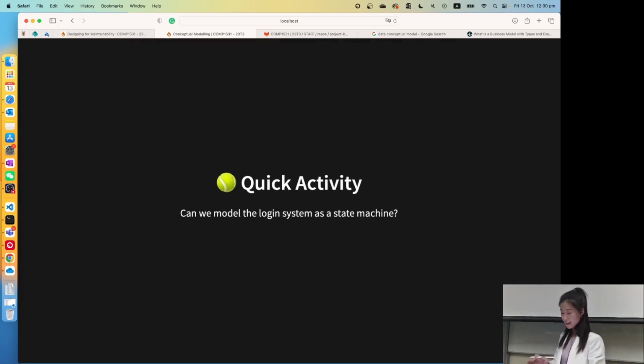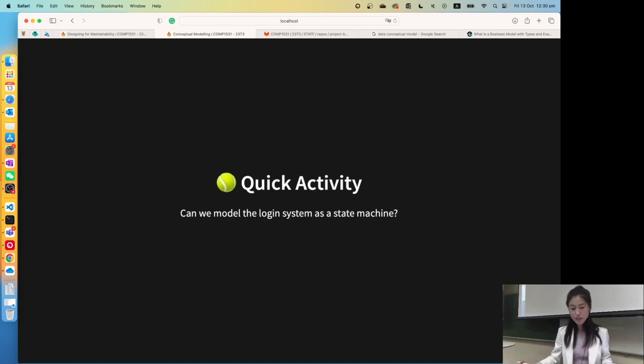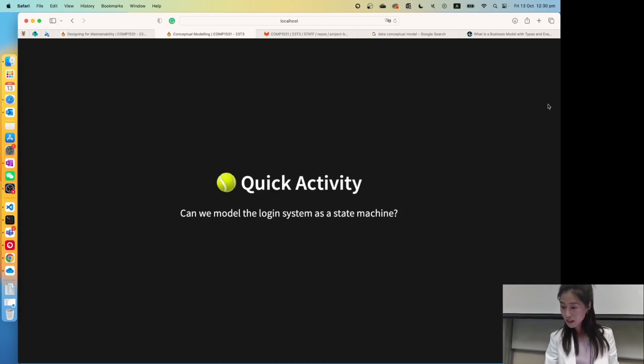Okay, so another activity. Can we also model the login system as a state machine? It can be similar. So let's do that together. I will share my screen again.